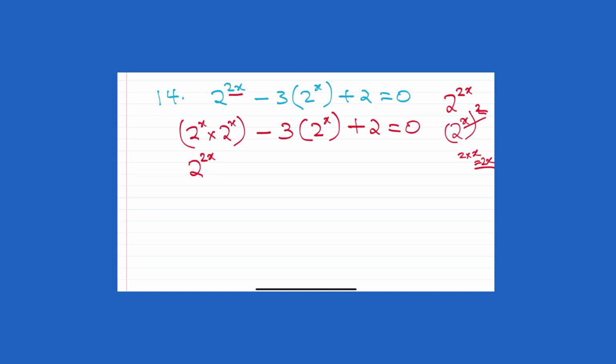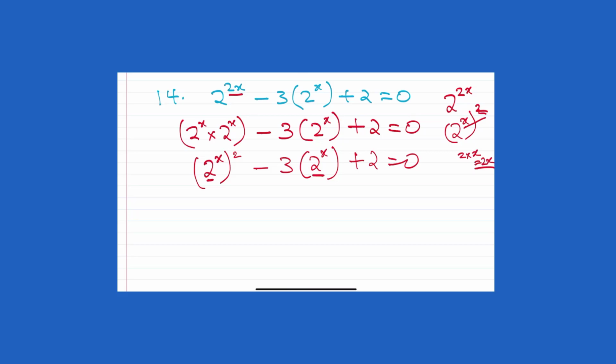So in that instance, I'm going to rewrite this as 2 to the power of x, all squared, minus 3 into 2 to the power of x plus 2 equals 0. With this in mind, you can see something that is clear. This is 2 to the power of x, 2 to the power of x.